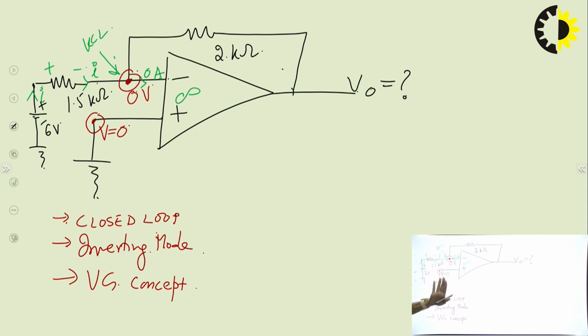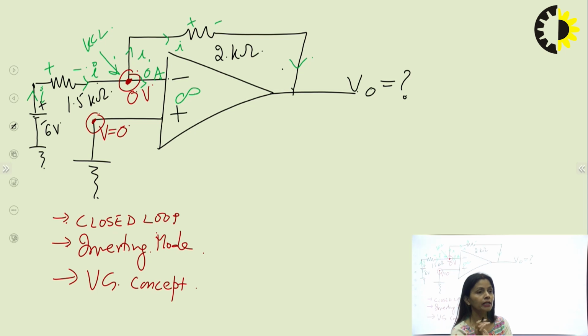No current is going into the OPAMP and all the current will go through the feedback resistance, because the OPAMP is offering infinite input impedance.